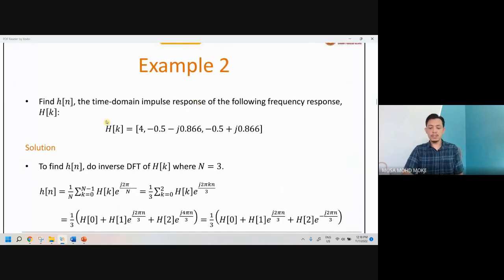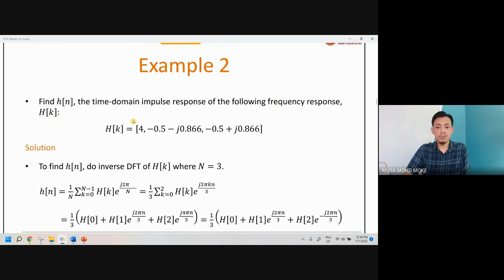So in this example, what should we do? What is the question? The question is to find Hn. What is Hn? Hn is in the time domain, which is what we call the impulse response. So the time domain impulse response, Hn, of the following frequency response. Hk is the frequency response.